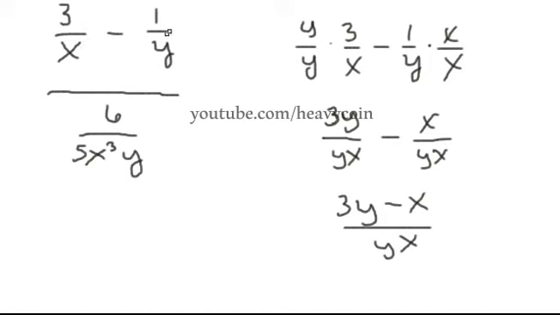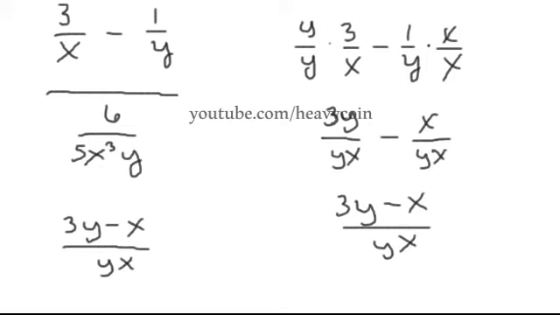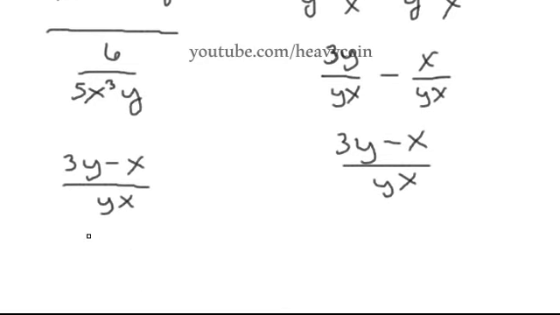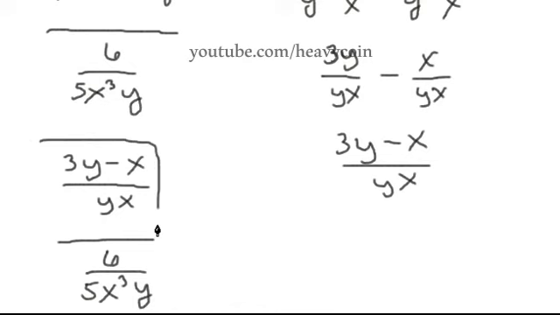So we've taken care of the numerator, and really there's nothing we can do with the denominator, so I'm just going to rewrite this 3y minus x over yx, and of course this is all over, remember, 6 over 5x cubed y. Alright, so this is the new one we're going to work with.